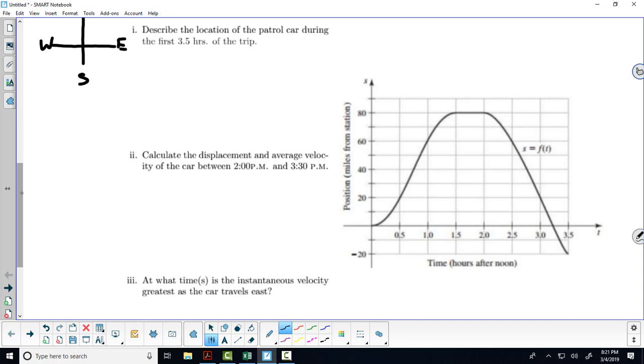Until, I don't know where that is, probably about 3:15, the cop car passes the police station, but then continues on, right? It doesn't stop there because the displacement never remains the same for any period of time. It continues on past it, and at 3:30 p.m. is 20 miles to the west of the police station.